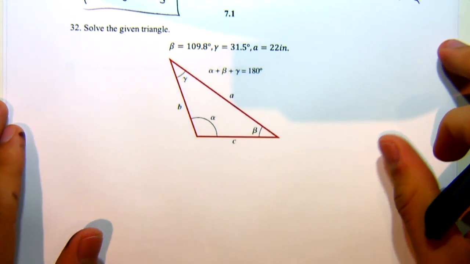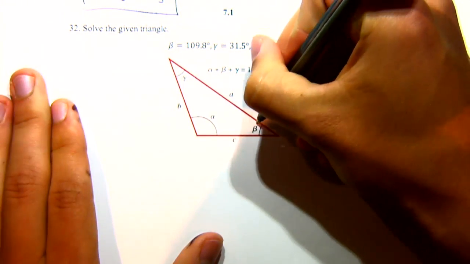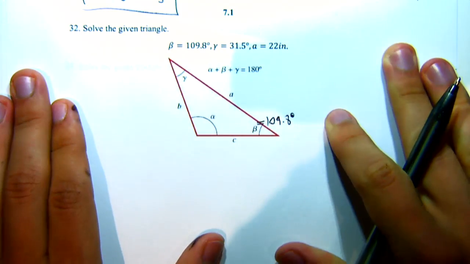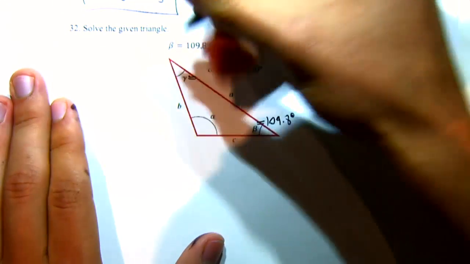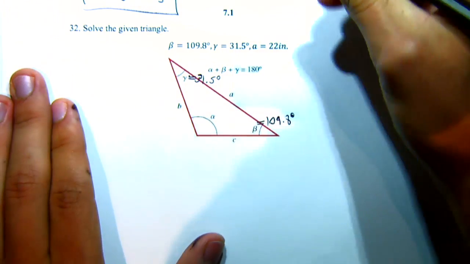So 32, solve the given triangle. So beta is equal to 109.8 degrees. Gamma is equal to 31.5 degrees, and A is equal to 22 inches.